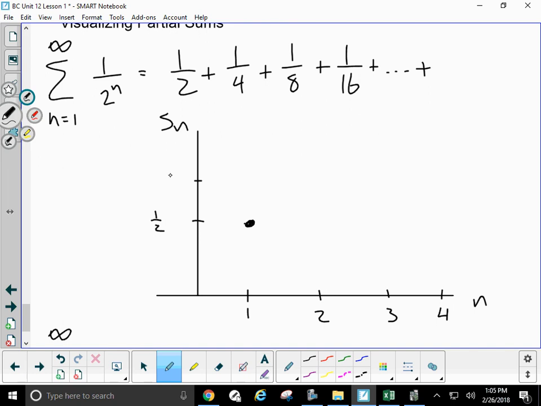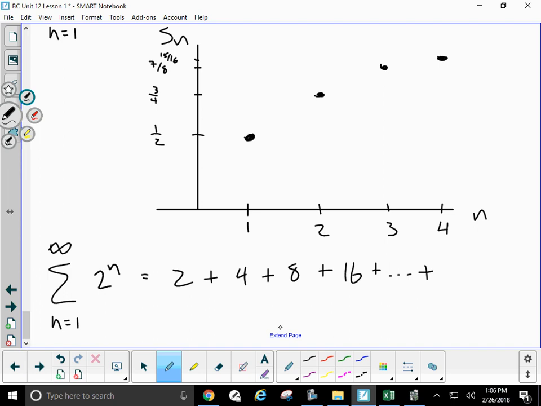It was 1/2 plus 1/4. The third partial sum was 7/8. The fourth partial sum was 15/16. Okay, so this is how we're listing off the partial sums, S sub n. We could do that with this guy.